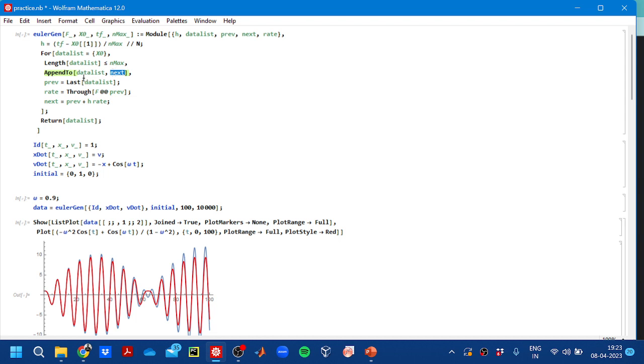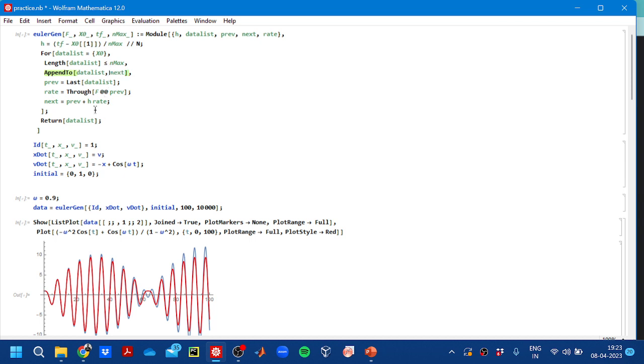In that way you can calculate x and v at different times, and append them to your data list, the array you have created, to store all these values of position and velocity for the whole time range.